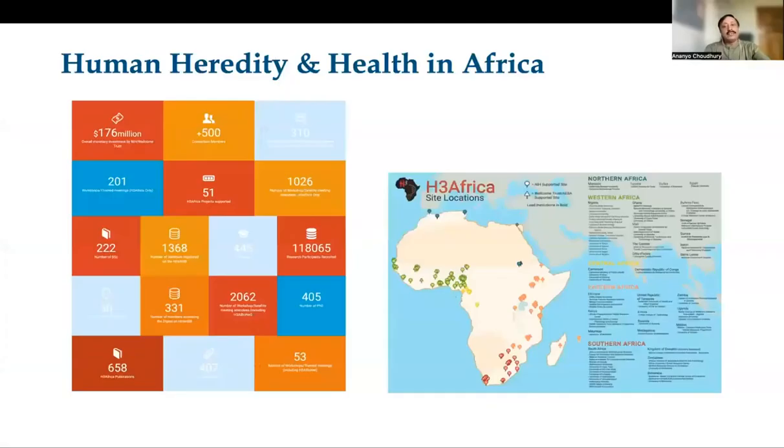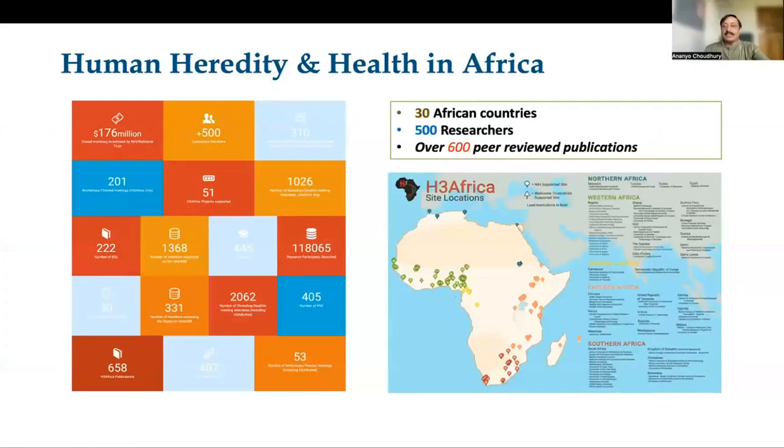Over the last 10 years, H3Africa has set up networks of over 500 African researchers spread across 30 African countries. Efforts originating from the consortium have already resulted in over 600 publications, and several hundred papers are in the pipeline.